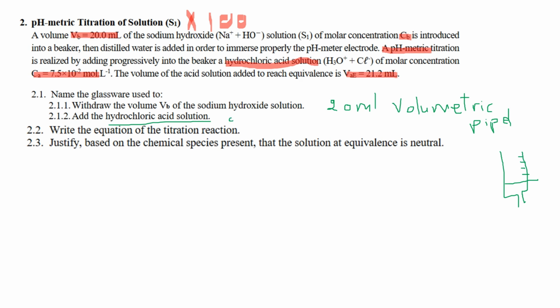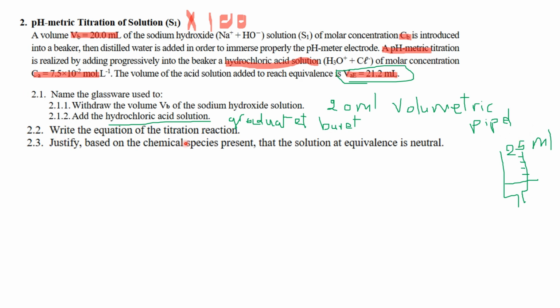You need to write graduated burette, and this burette should be maximum 25 milliliters. Why? Because from these 25 milliliters we need to get 21.2. So it's logical to put 25 milliliters, so we can add 21 milliliters from these 25.